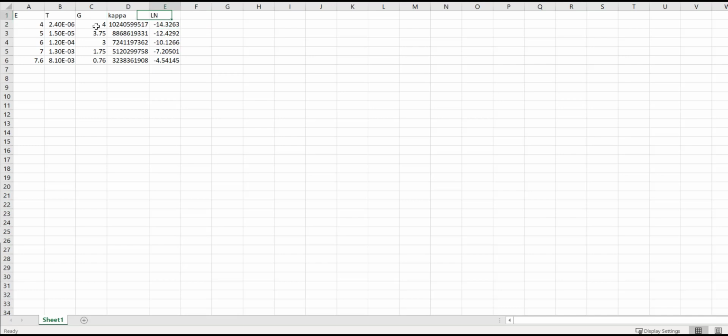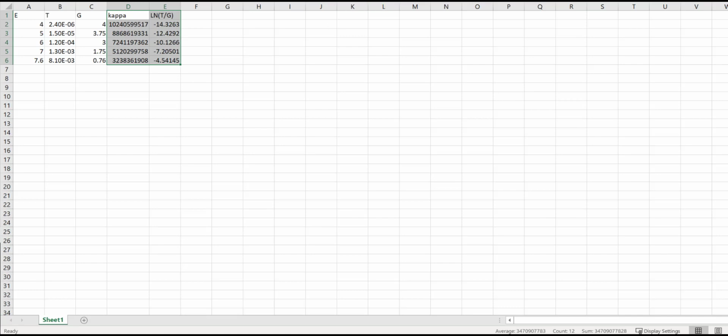So we're going to graph this function, ln of T over G, as a function of kappa. My independent variable is actually kappa and my dependent variable is this ratio, the ln of the ratio.